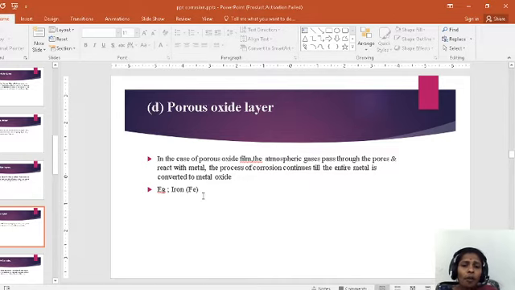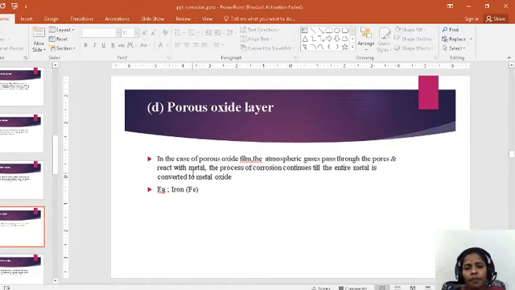And the last type of oxide layer is the porous oxide layer. Porous is nothing but having pores, having holes. The oxide layer has holes on it. So in the case of a porous oxide film, the atmospheric gases pass through the pores and react with the metal.